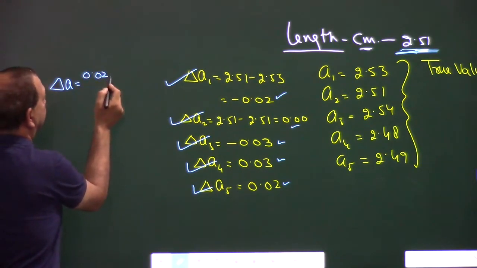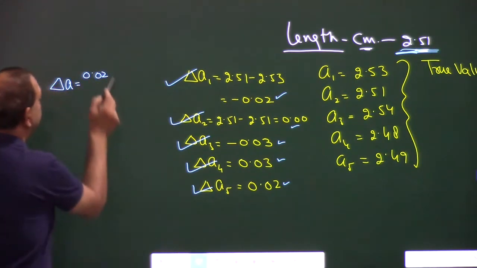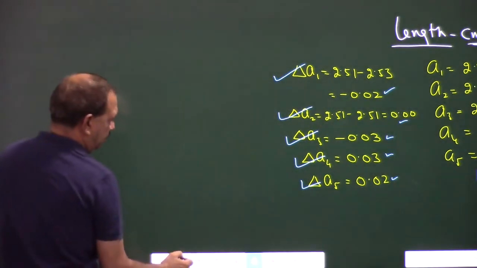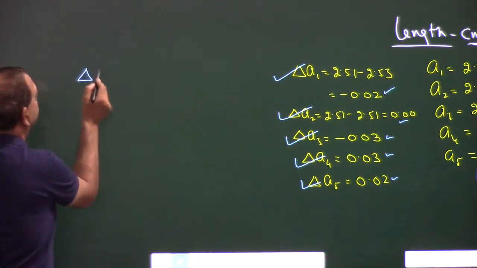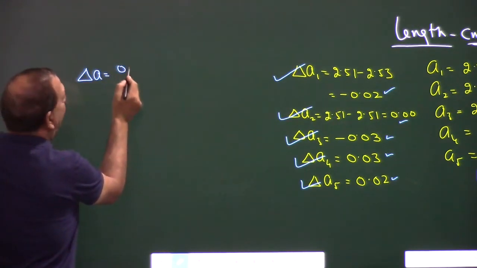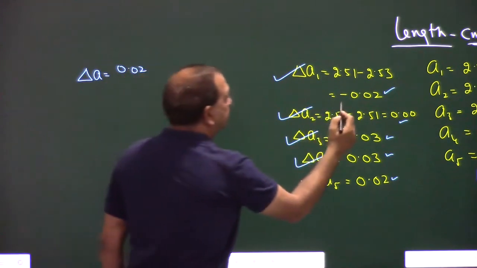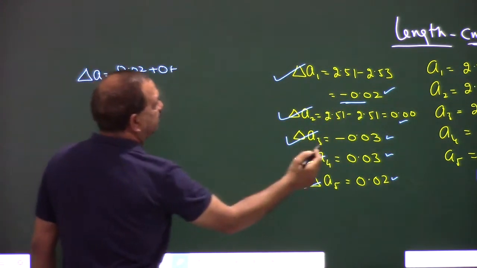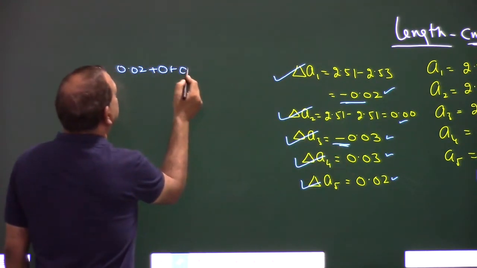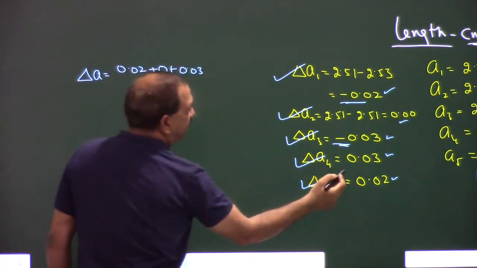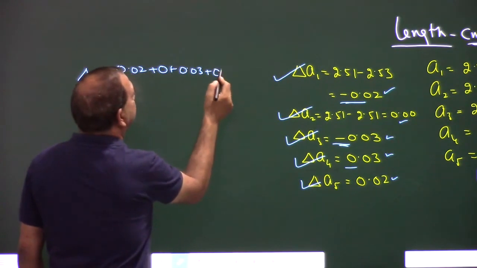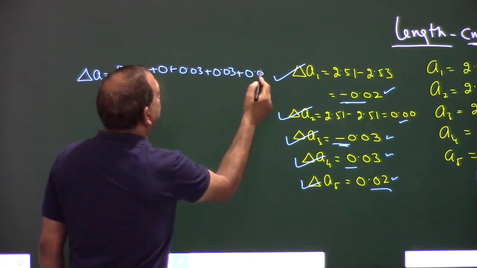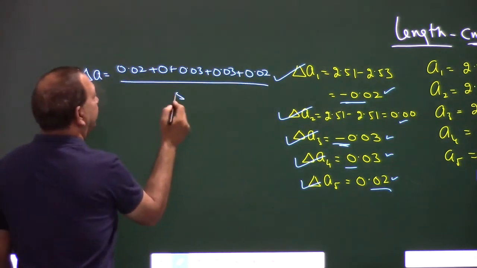delta A is equal to 0.02, I have taken this positive, plus 0, plus इसको भी पॉजिटिव ले लेंगे तो 0.03, फिर ये तो पॉजिटिव है ही 0.03, ये भी पॉजिटिव है तो 0.02, and then divided by 5.